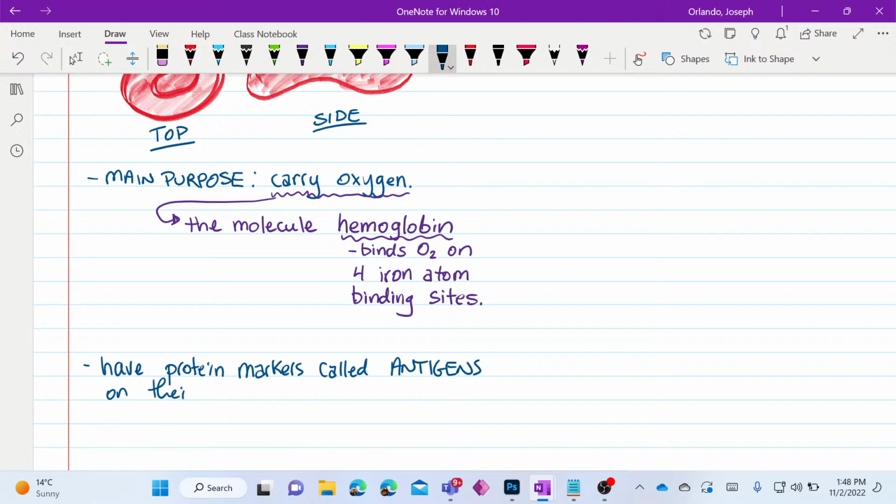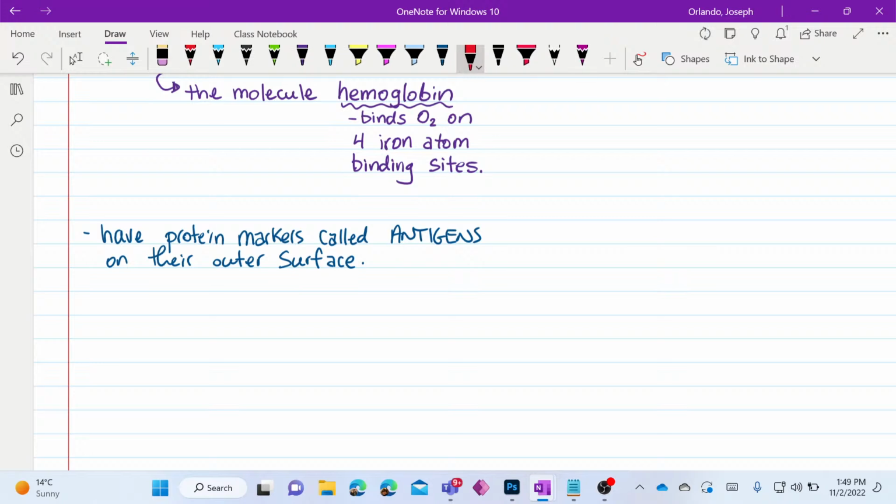We're not going to talk about this too much today, but this determines your blood type, what type of protein markers you have on the outside of your cell. So part of the way your body determines whether blood that is in your blood vessels is your blood, which is good, or somebody else's blood, which is bad, is by checking to see what antigen markers it has on the outside. And they literally are just like these big long chains of protein that stick up off the cell membrane that basically serve as flags.